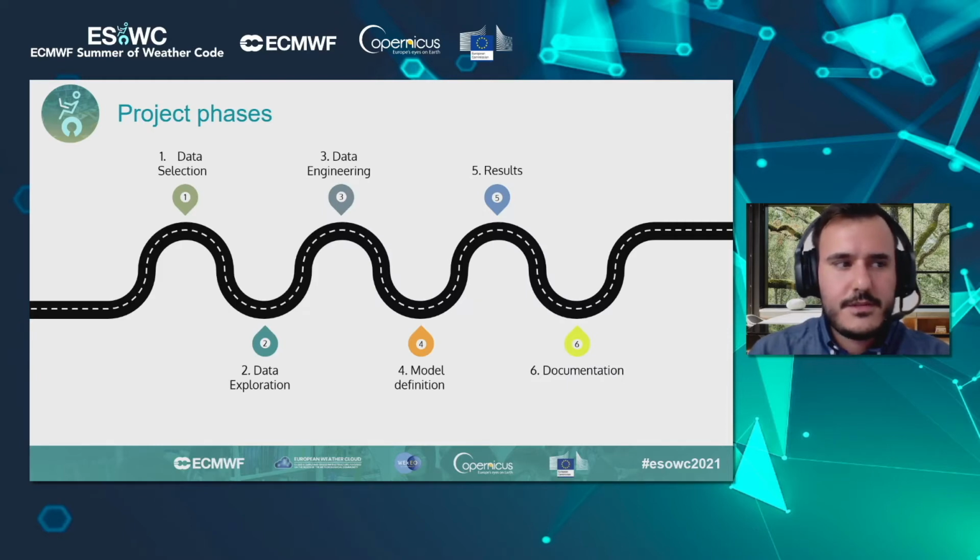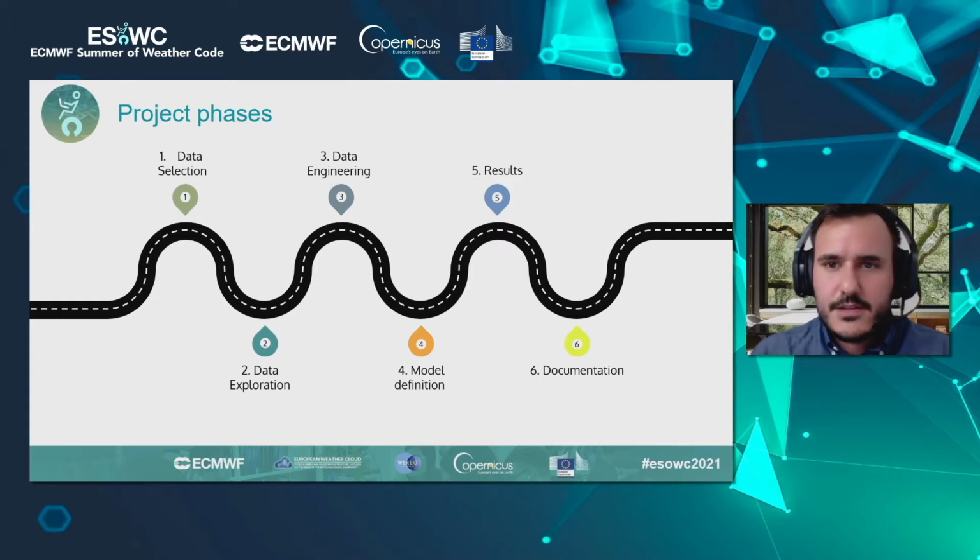Okay, so we divided our project into 6 main phases. The first one is the data selection. Since a dataset for our purpose didn't exist, we explored many features and datasets available, in particular from Wikio, and we selected the most promising, thanks also to the suggestions given by the mentors.